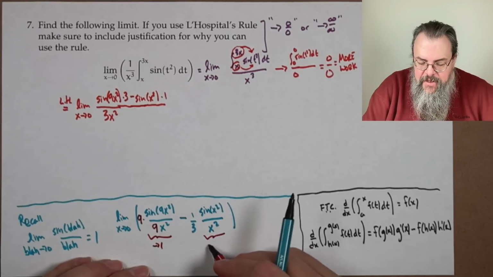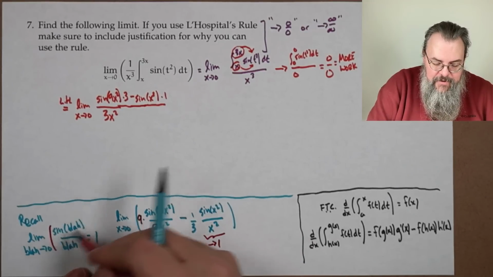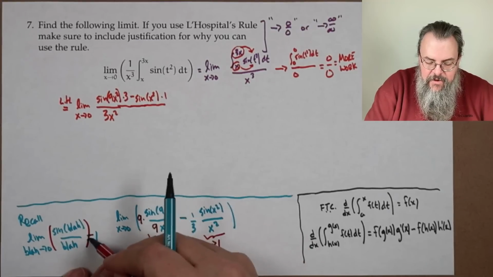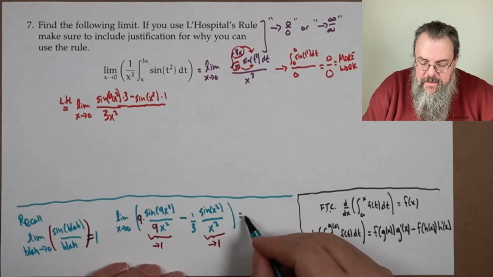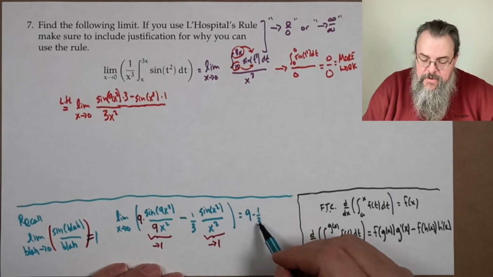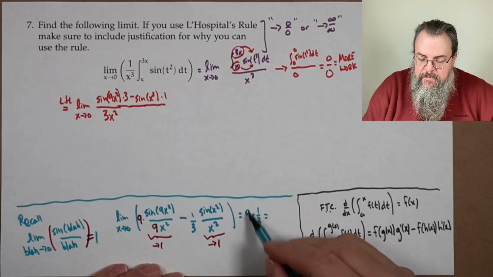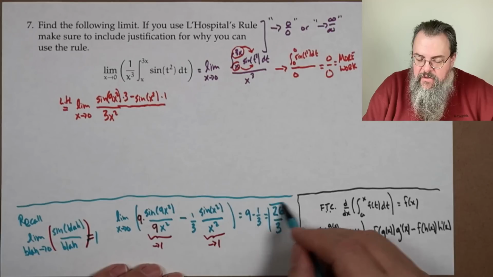And this part goes to 1 because of our recall, our nice basic fact. And so we end up with 9 minus 1/3. Well, of course, you can multiply 9 times 3 over 3. You get 27 minus 1, which is 26 over 3. Okay, so there we go.